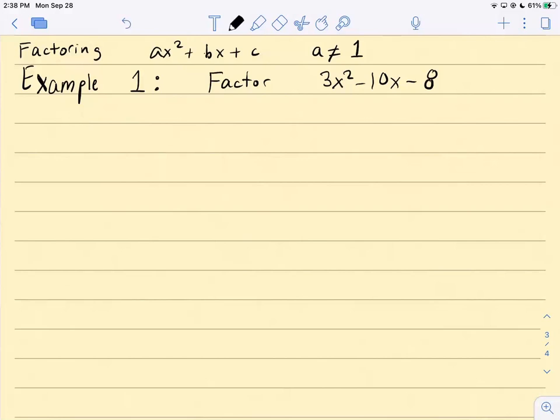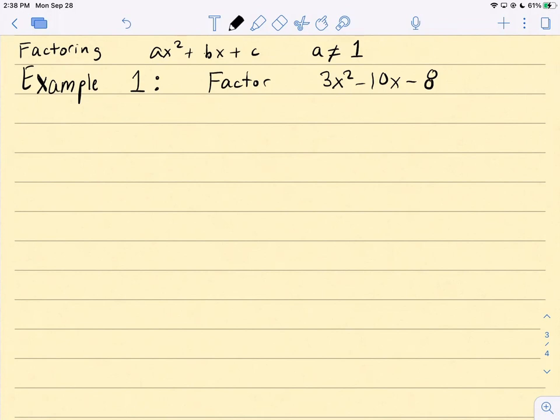If we want to get 3x squared, the two numbers in front of the x in our factors will have to multiply to 3. So the x method doesn't quite work as we usually use it. So the first method is just thinking about possibilities.